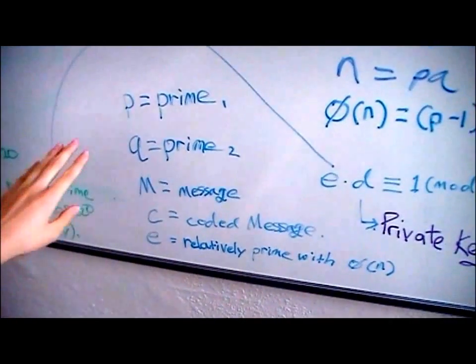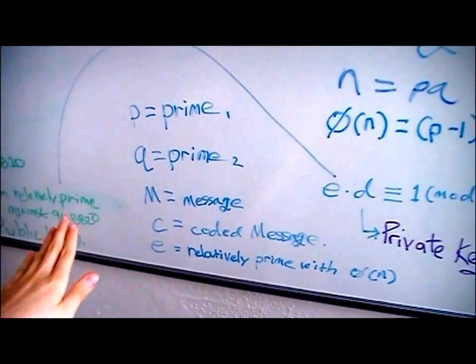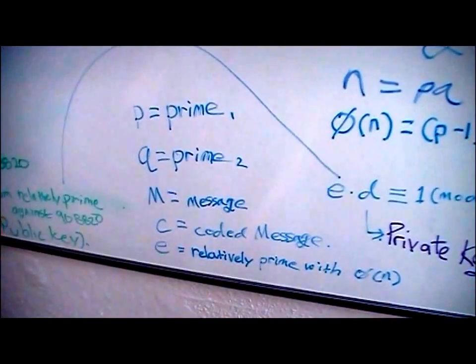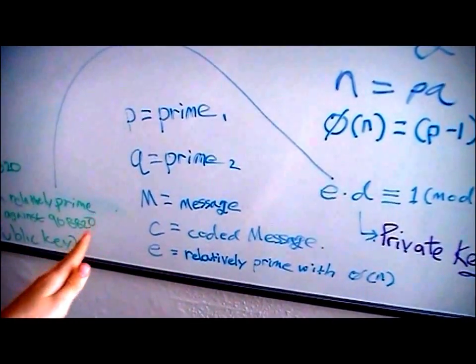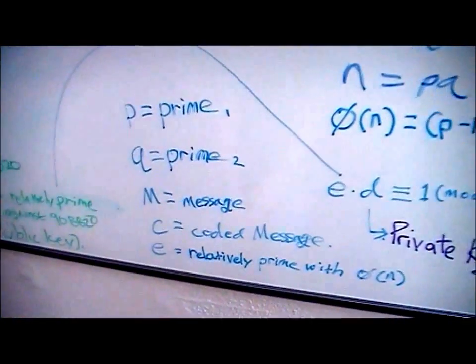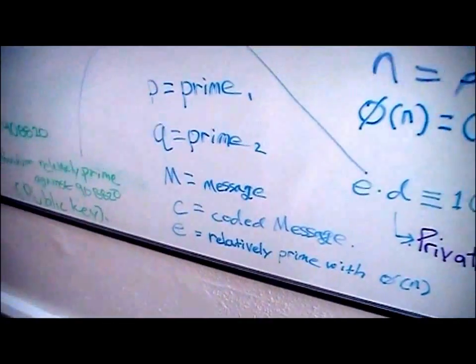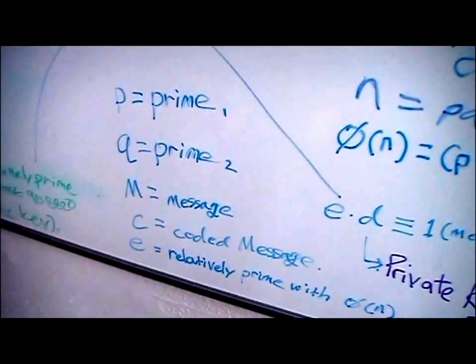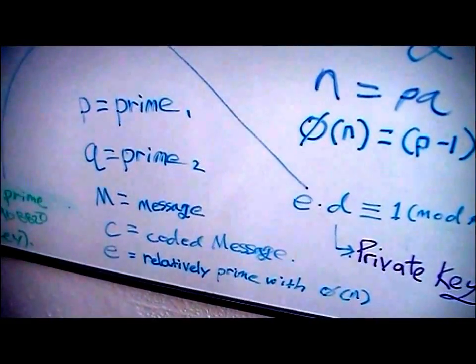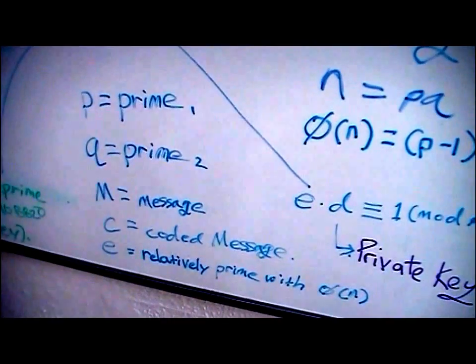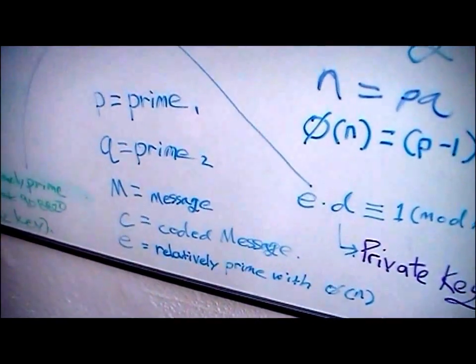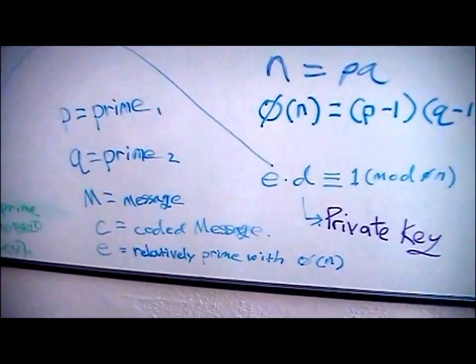If we start with p, let's say p is a very big prime number, and q is another very big prime number. This will be useful because multiplying prime numbers is very easy, as I said in the first part, but factorizing a big number into two primes will be really hard.